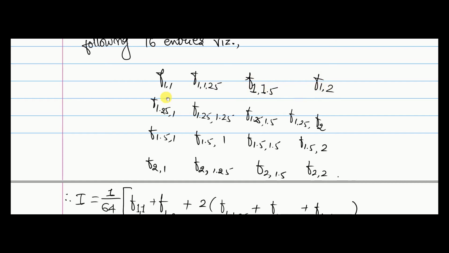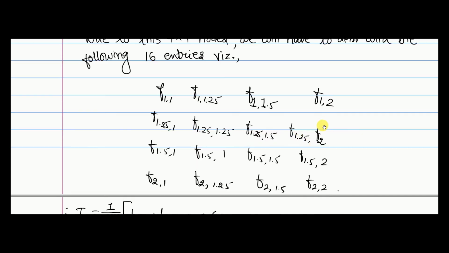f(1,2). Fine. The next one is f(1.25, 1), f(1.25, 1.25), f(1.25, 1.5). Again 1.25 is fixed throughout these all. So f(1.25, 2). The third one is f(1.5, 1), 1.25, 1.5, 2.